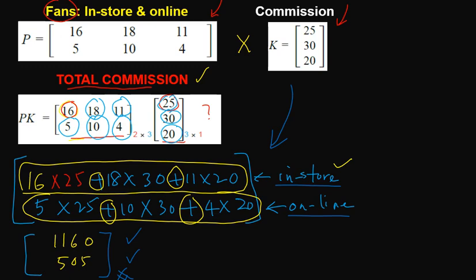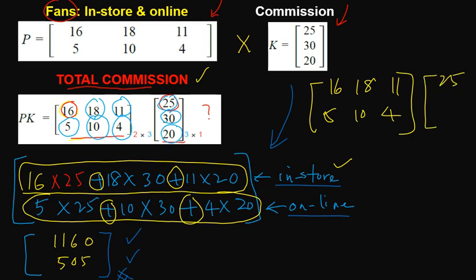For this one, 16, 18, 11, 5, 10, 4, you times with 25, 30, 20. Okay, we write the order. This order is 2 by 3, 2 rows and 3 columns.